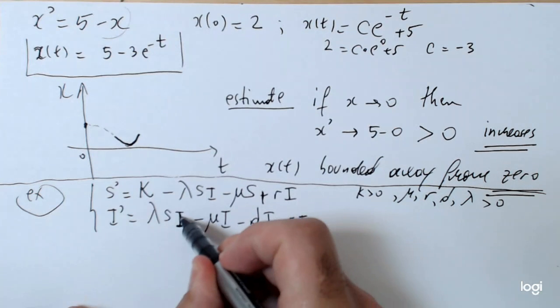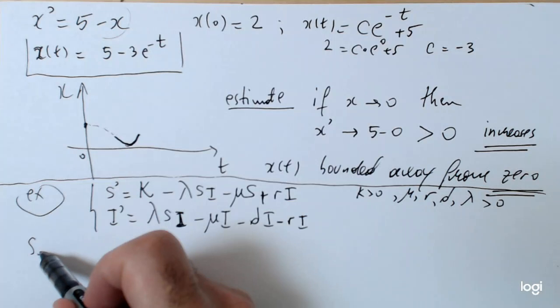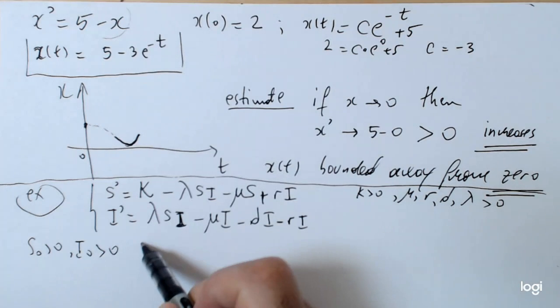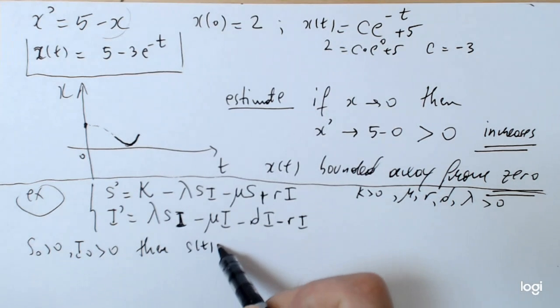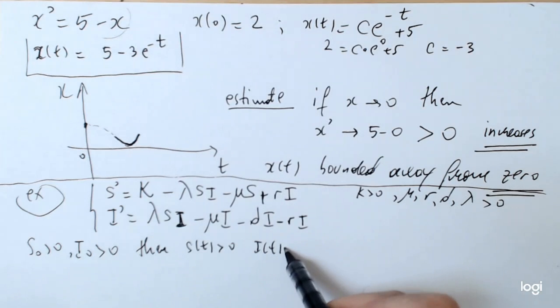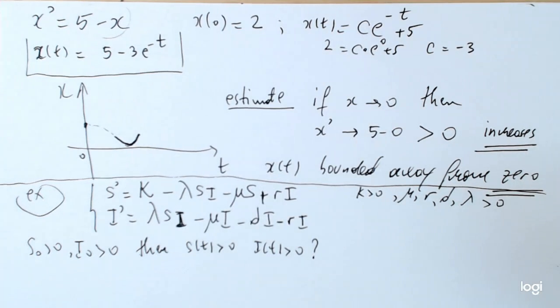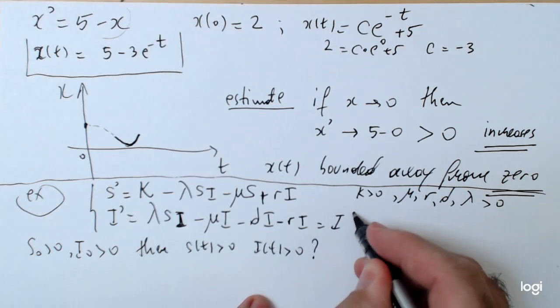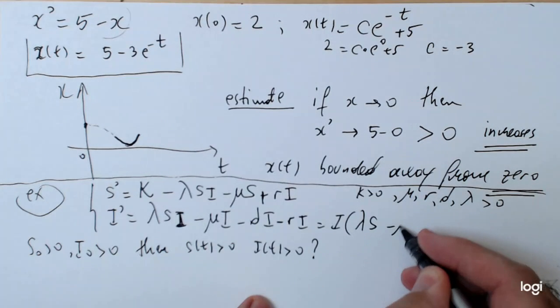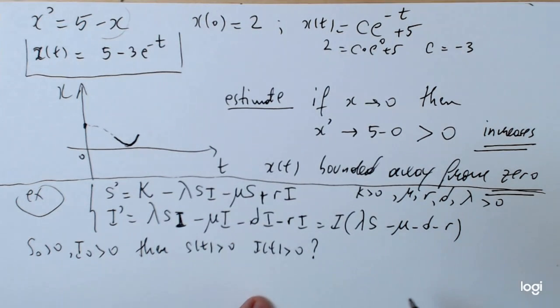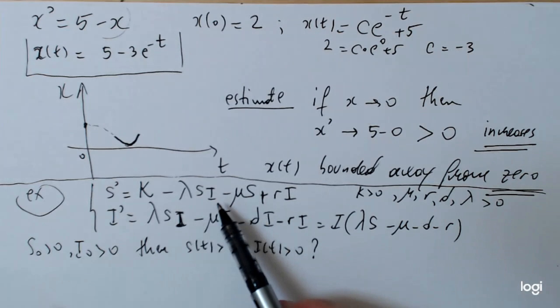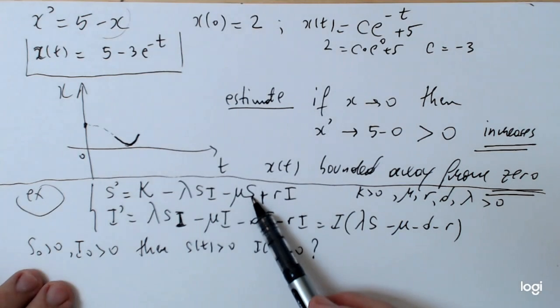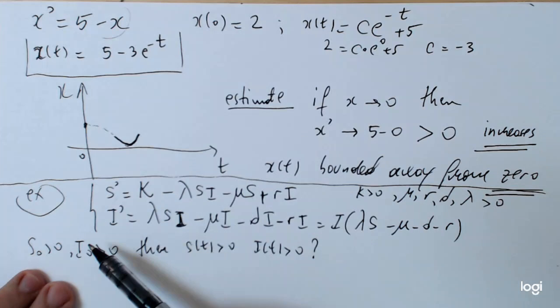So how would we validate the model? How would we know that if we start with positive initial conditions, the solutions remain positive? We can start with the first technique and notice that in the second equation, I can pull out I. I want to point out it won't help to pull out I in the equation of S. You can look to see if you can pull out S in the equation of S or I in the equation of I, and so on.